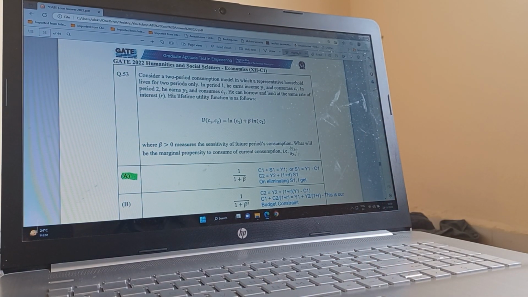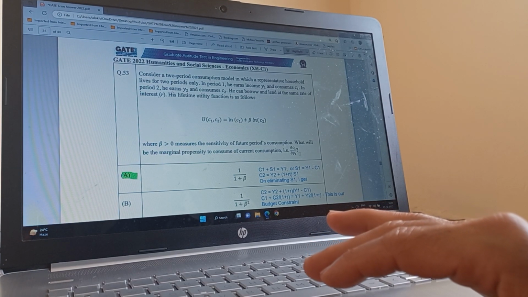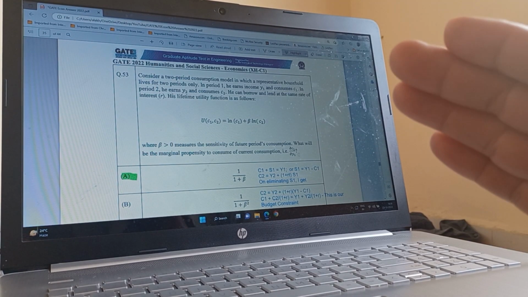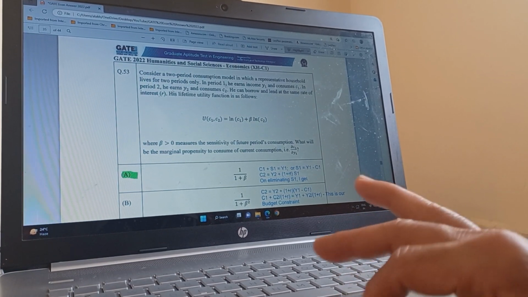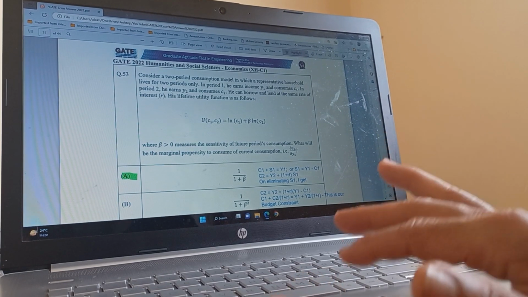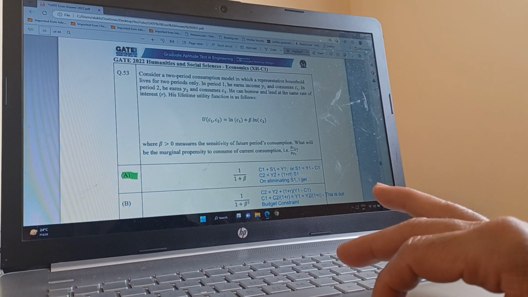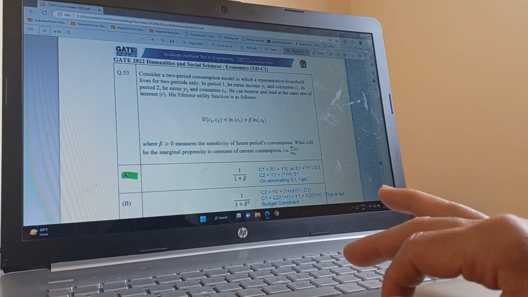So here we see that the person can consume in the next period from savings of this period and earnings of that period. Whatever he earns in the second period and whatever he saved in this period, he will earn interest on that, which is this 1 plus R. R is given, no? Okay. So our function becomes C1 plus S1 is equal to Y1, because he didn't consume all of his Y1.